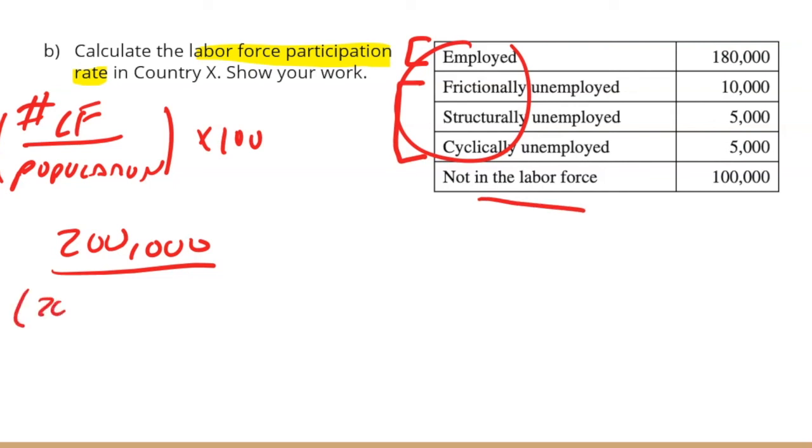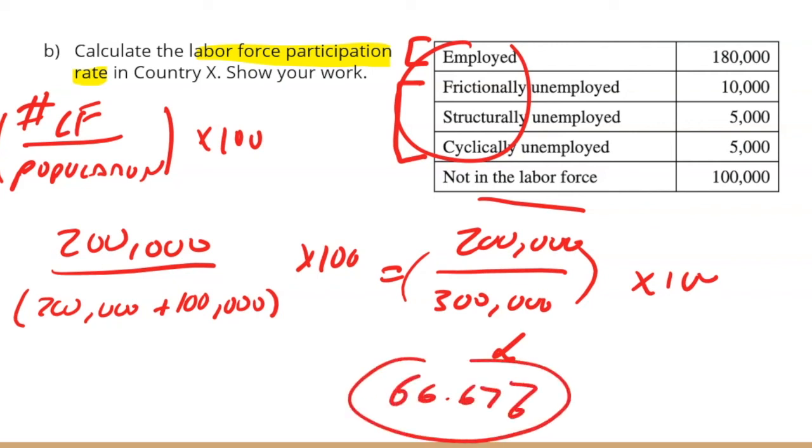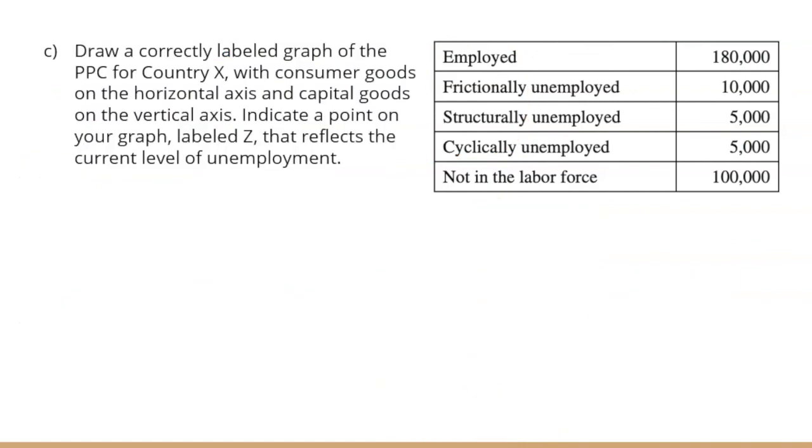So we're going to add 200,000 plus the 100,000 people that are not in the labor force and multiply that by 100. So in other words, we're getting to 200,000 divided by 300,000 times 100, which would get us to about 66.67%. So the labor force participation rate is going to be 66.67% or 67%.